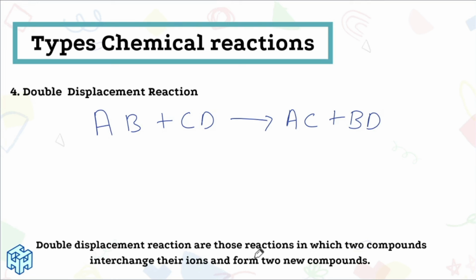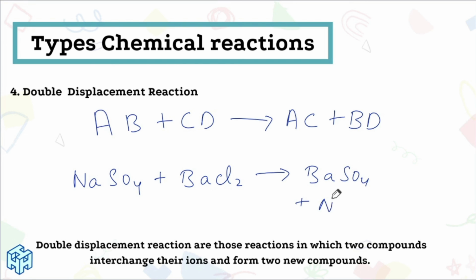Double displacement reactions are those reactions where two compounds interchange their ions to form new compounds. For example, I had Na2SO4, that is sodium sulfate, and barium chloride, BaCl2. What happened? They just exchanged their places.